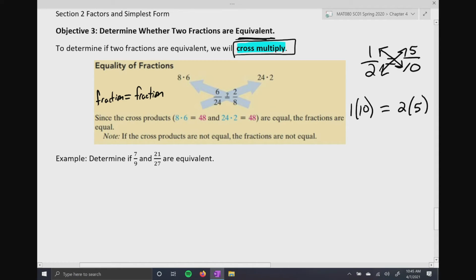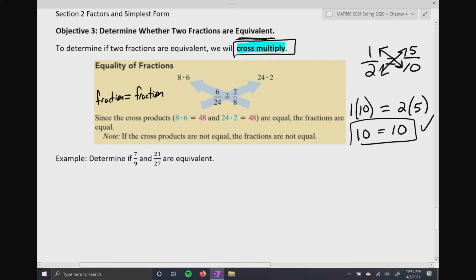I always like to write it out first. Now, we know an equal sign means that the left and the right are the same exact thing. 1 times 10 is 10. 2 times 5 is 10. Because these are the same, I know those two fractions are equivalent. Does that make sense, everyone?